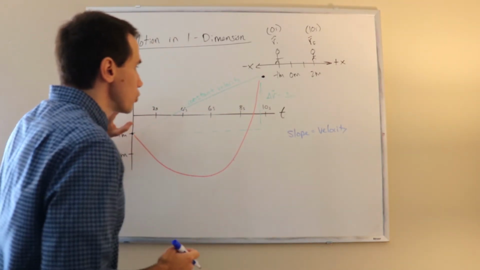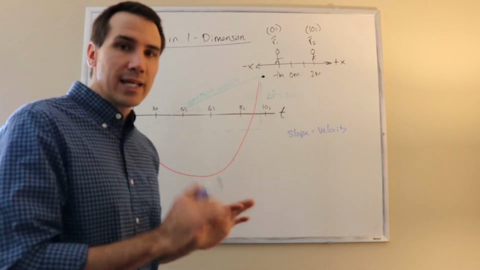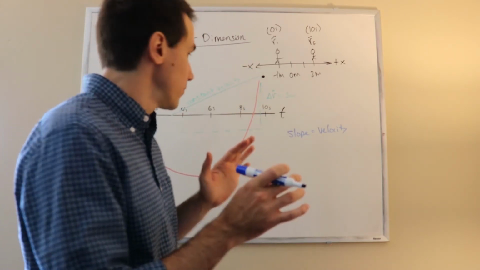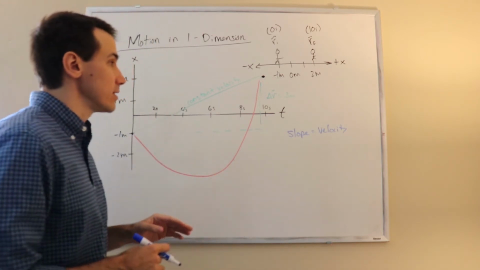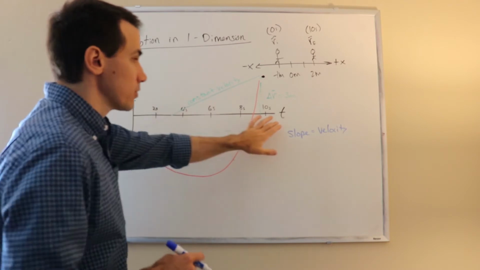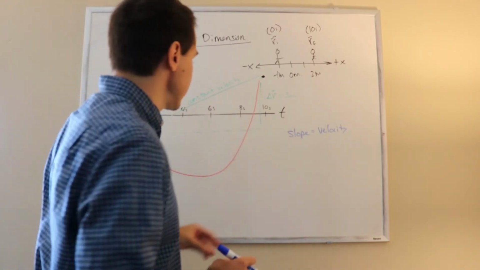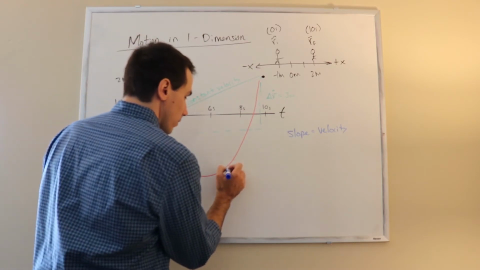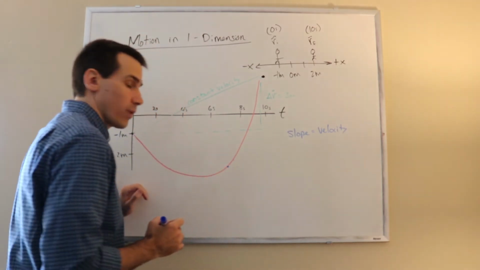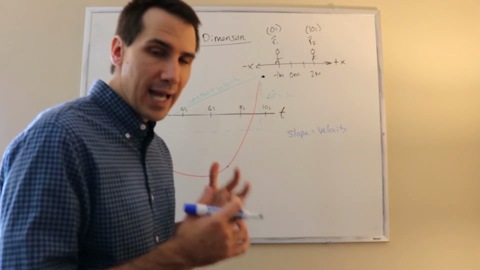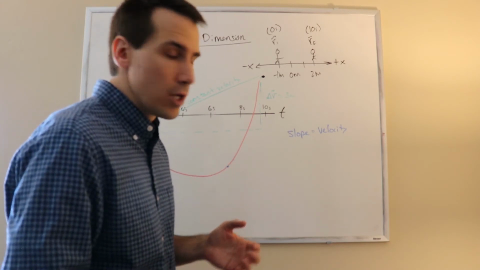Okay? It was true when it was a constant velocity, and it is true at any other velocity. Even if the velocity is changing, I can still take the slope of my position versus time graph as that person's velocity. So, for example, I could pick this point, and I could try to find the slope of the line at that point.